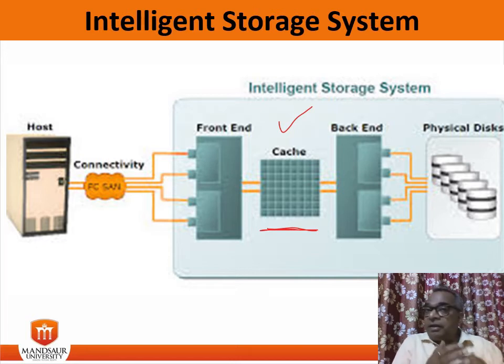An IO request received from the host at the front end is processed through the cache and back end, which enables the storage and retrieval of data from the physical disk. A read request can be serviced directly from cache if the requested data is found in the cache.